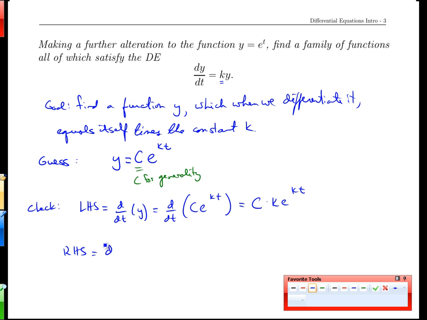Meanwhile, the right-hand side is simply k times y. Well, that's k times c e to the kt, because there's our y. And, of course, that's the same rewritten as c k e to the kt. So these two expressions are equal.